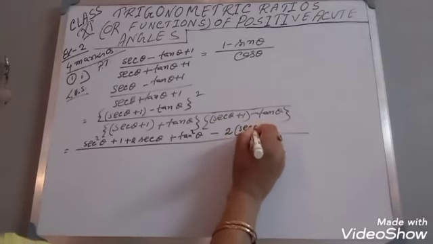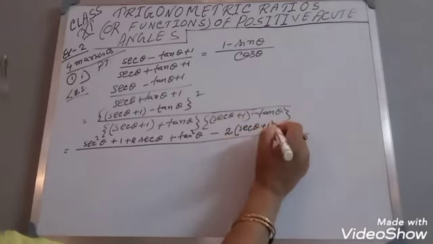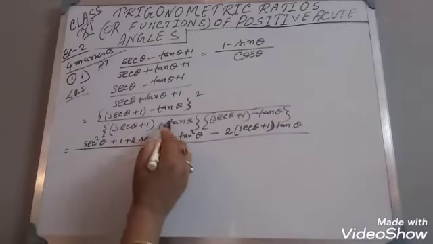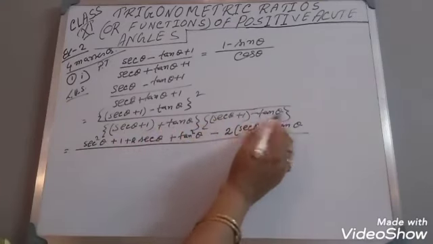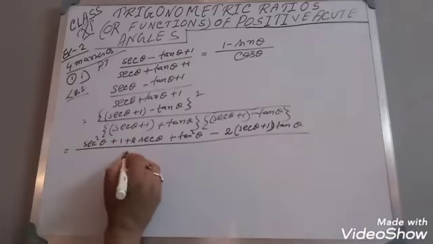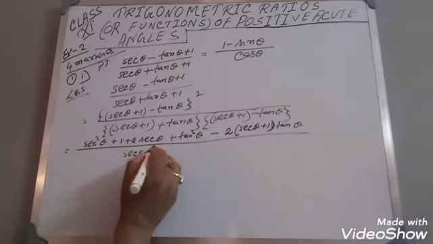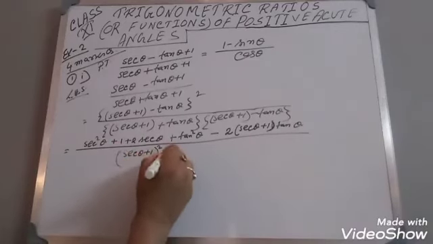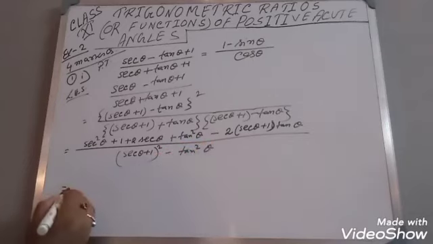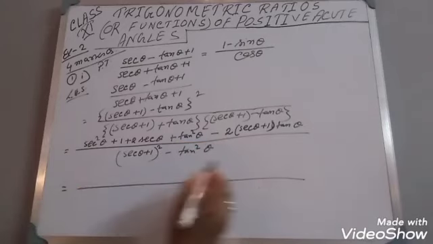So it is coming sec theta plus 1 into tan theta, whole divided by sec theta plus 1 plus tan theta into sec theta plus 1 minus tan theta. So it is a plus b into a minus b. So what we will write? Sec theta plus 1 whole square minus tan square theta. A plus b into a minus b, we know this is a square minus b square.